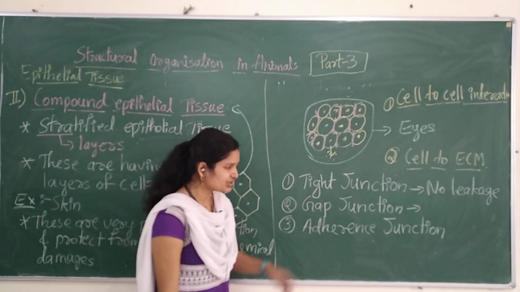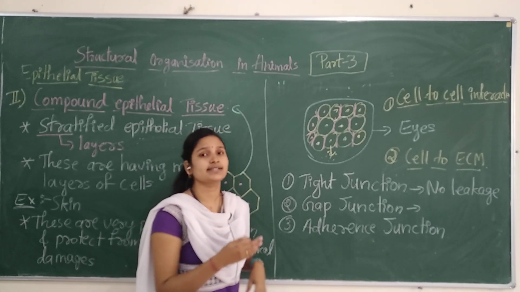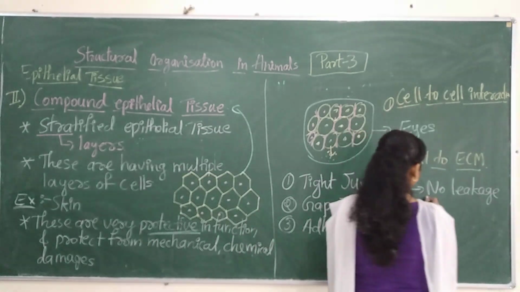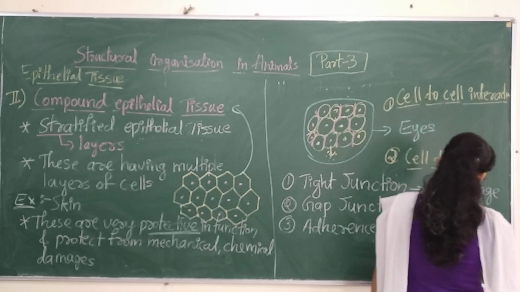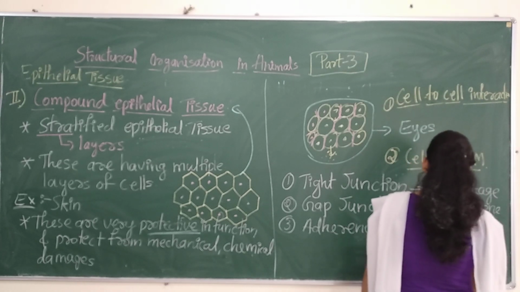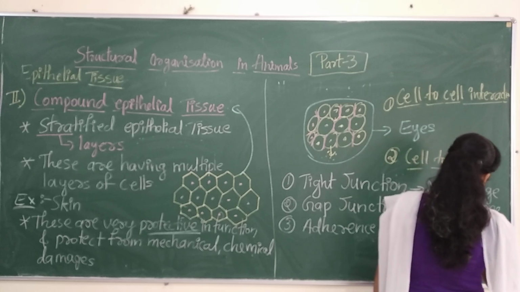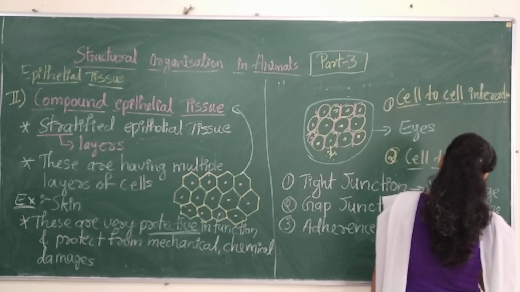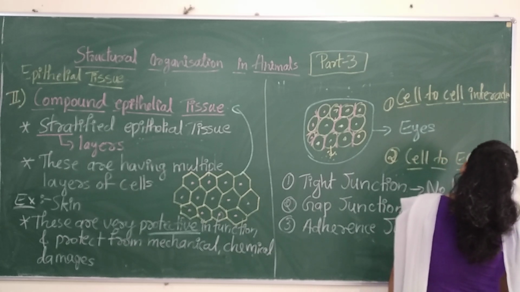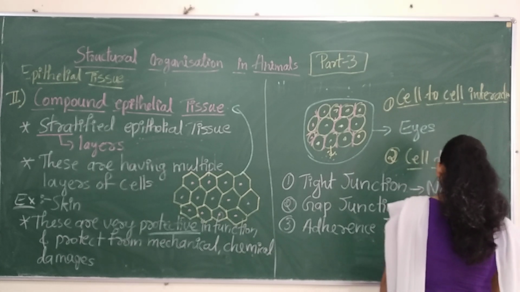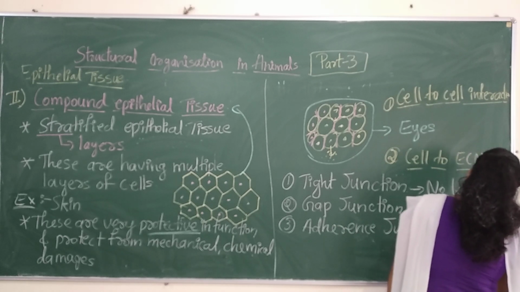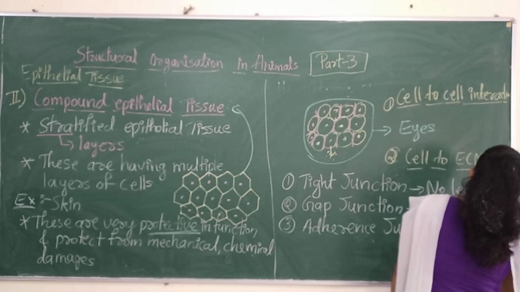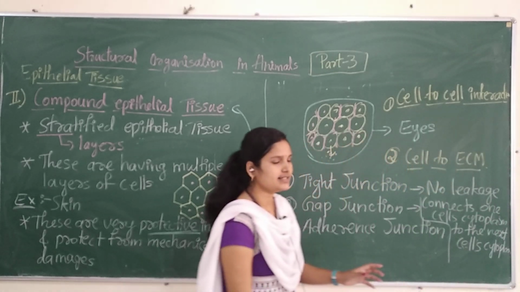Okay, so a gap junction connects one cell's cytoplasm to the next cell's cytoplasm.